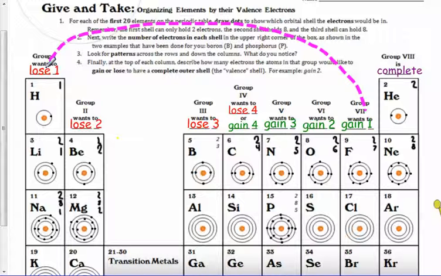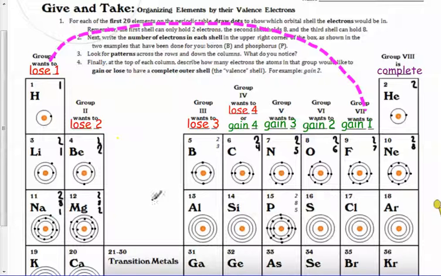That's right. So if an electron needs to be gained over here by a fluorine, for instance, it can connect up with any of these elements over here in group 1, and they're going to be happy together. So fluorine can bond with hydrogen. Fluorine could bond with lithium or sodium or potassium and so forth.